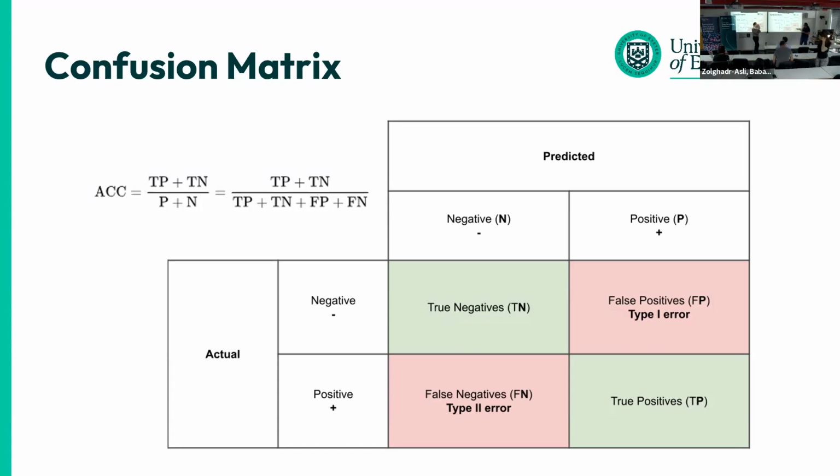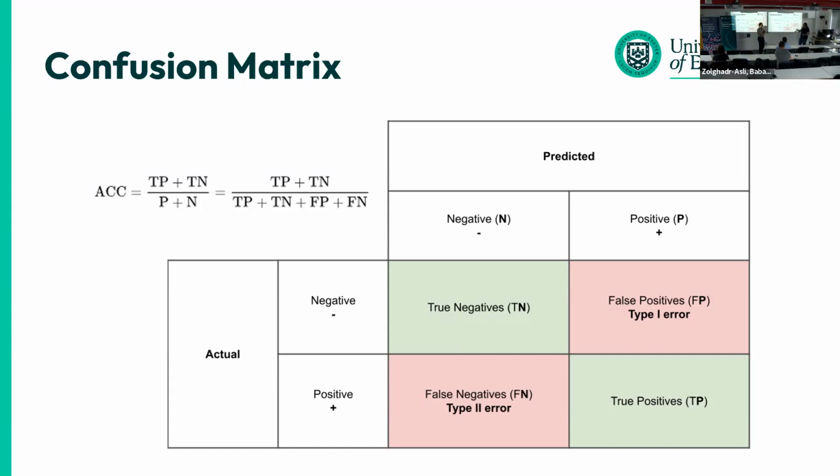So if we sum them, it gives the true values that the model predicts. If the actual value is negative and the model predicted that value as positive, it is a false positive, so it is an error. And vice versa.